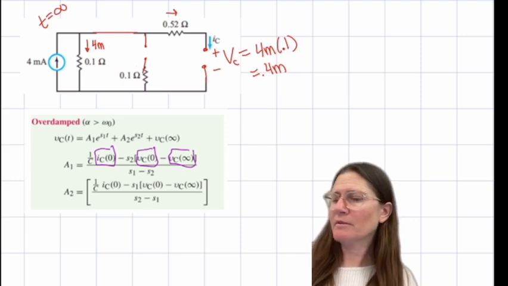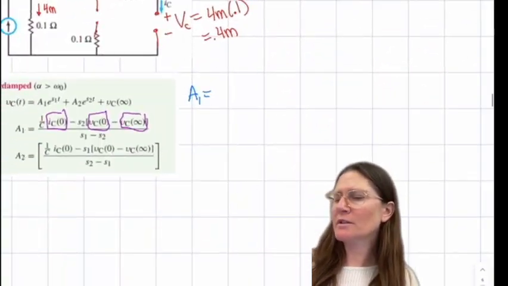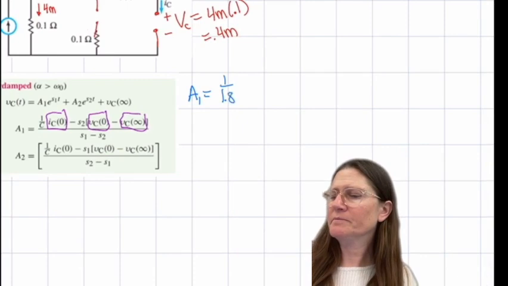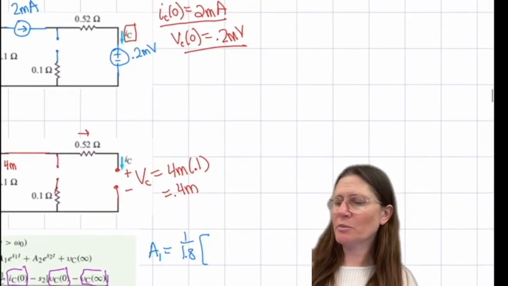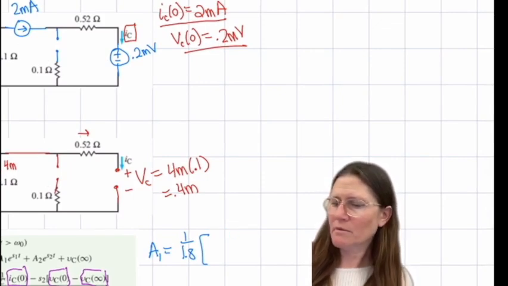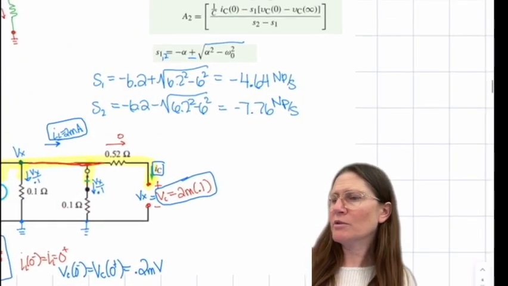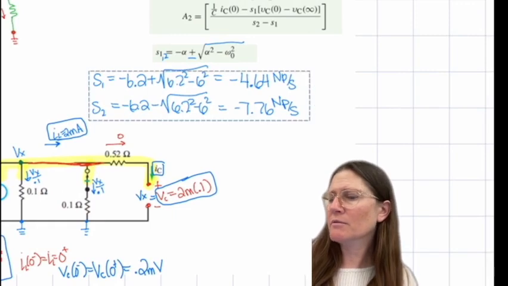So start with A1. So A1 is going to be 1 over C, was 1 over 1.8. And then IC of 0 is the 2 milli. And then S1 and 2, let me bring those down too.